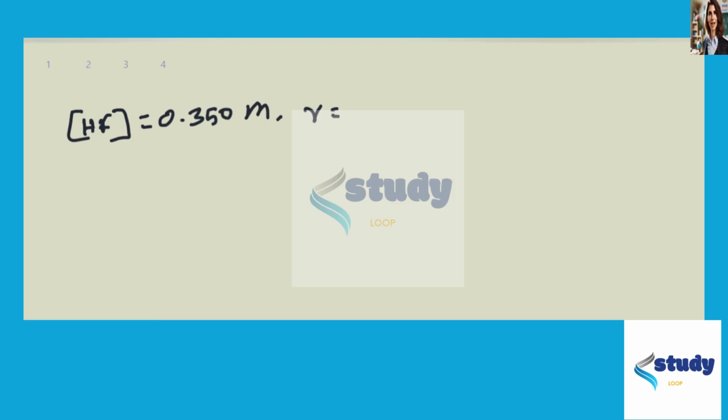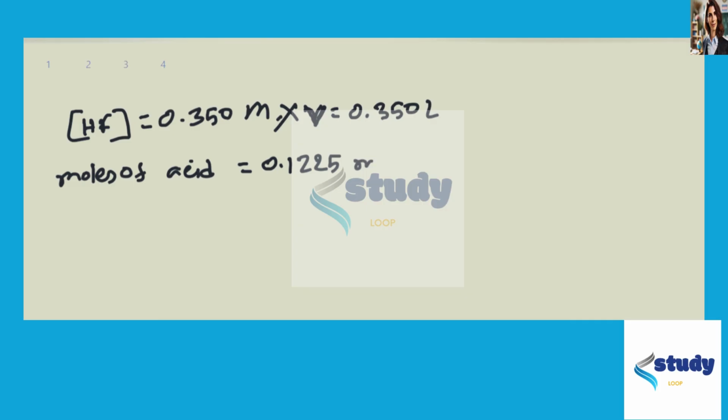and the volume of the solution is also 0.350 liter. So our moles of acid will be just the multiplication of these two, and our value will be 0.1225 mole.